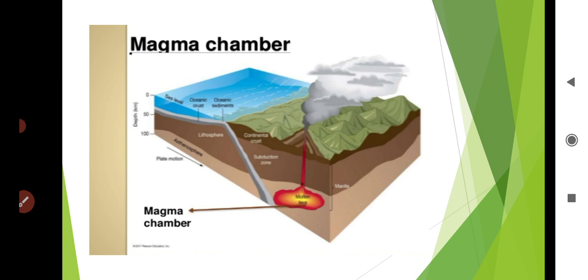In red color, the magma chamber is shown, and hence this might be a base of the seismic waves, the earthquake waves. On the upper layer of the land, the ground surface, relief features are seen.